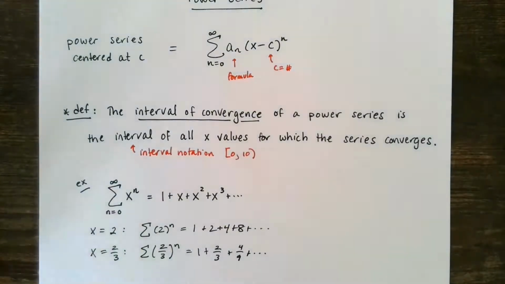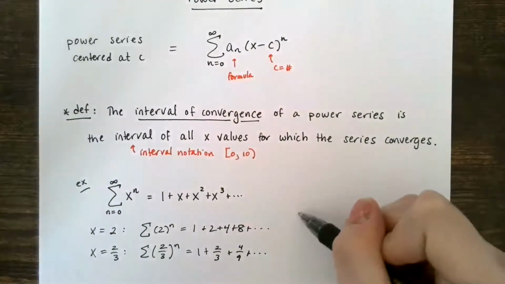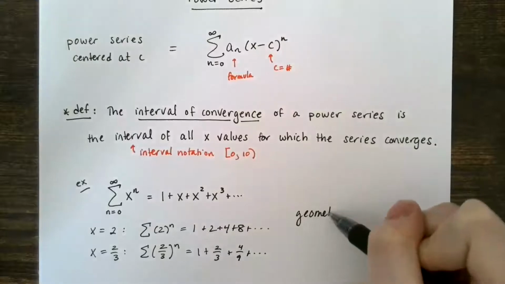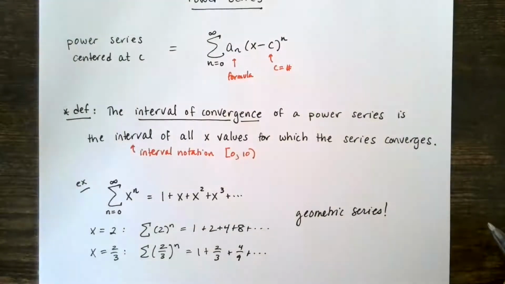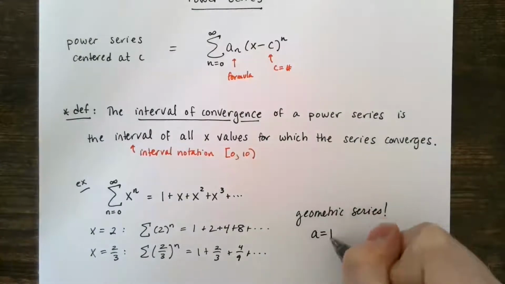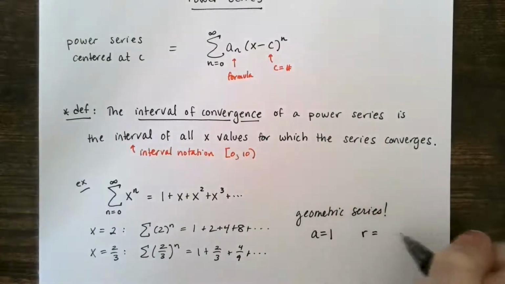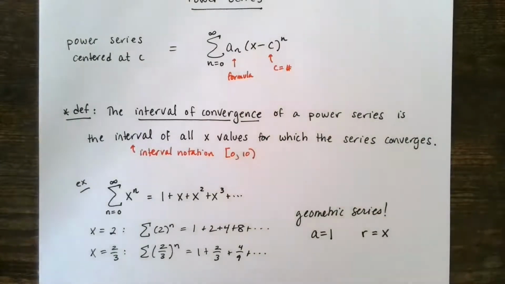Now, what's happening when we plug numbers in is that we're seeing geometric series, and we know the rules for geometric series. No matter what we plug in for x, the a value is 1, and the r value for the geometric series is whatever you choose for x. X can be a positive number, a negative number, a fraction. Whatever you choose for x would be the r for the geometric series.